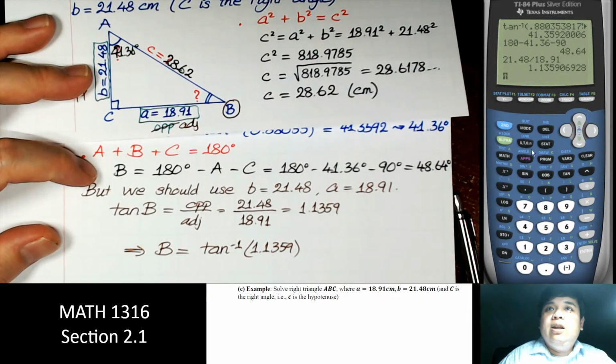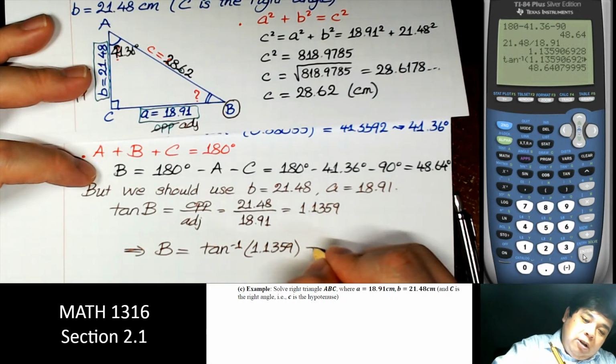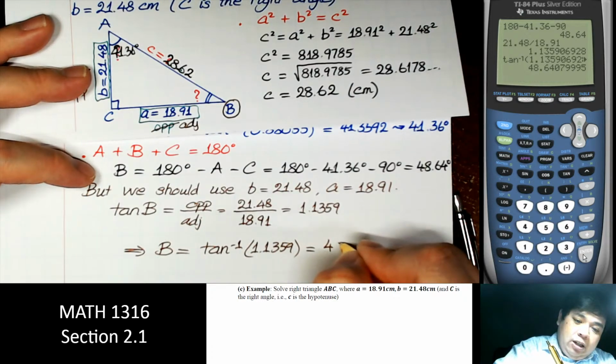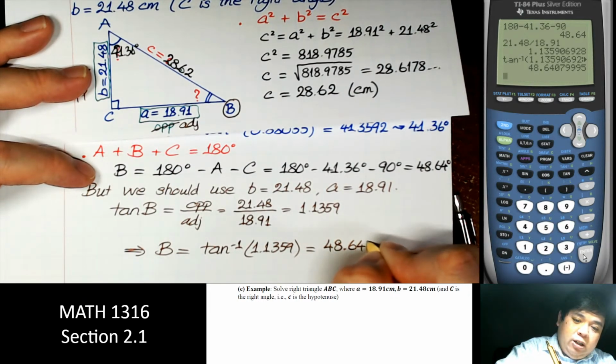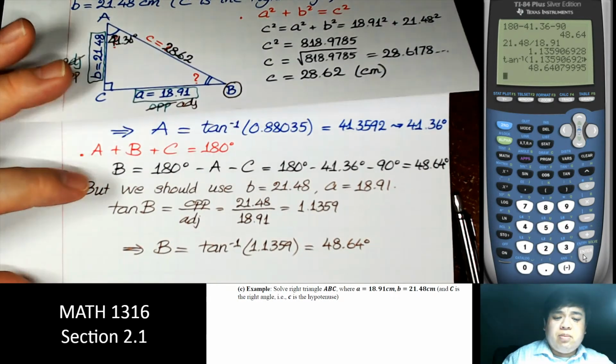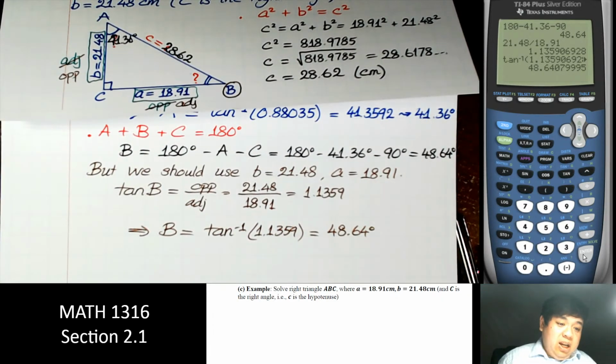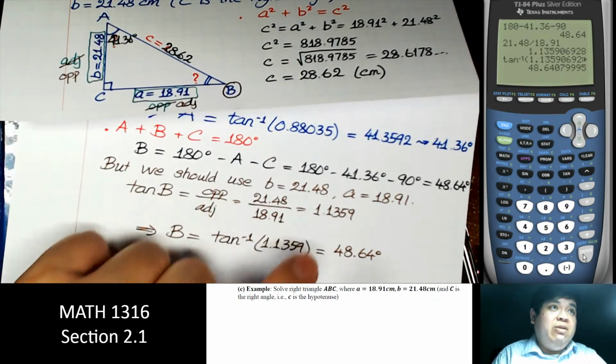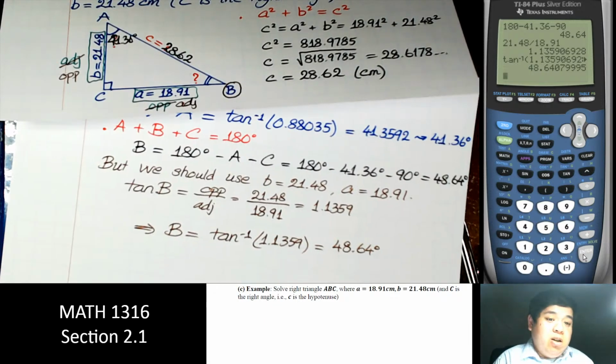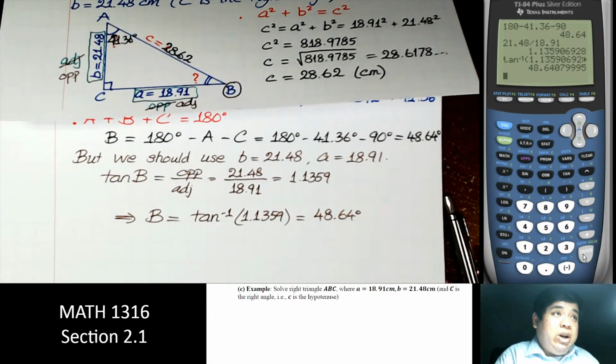So second tangent inverse, go up there, highlight, copy and paste. 48.64 degrees. Of course, they usually are the same, but the big deal here is that using the numbers that are given is better than using the numbers that we calculated.